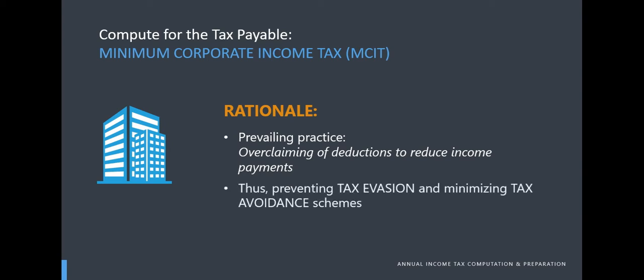So for this scheme to be minimized, and to minimize possible tax evasion and the tax avoidance schemes of corporations, the government thought that imposing the minimum corporate income tax would prevent or minimize these schemes.